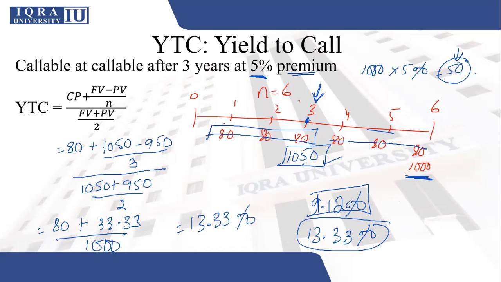You'll understand that even though the investor will get a higher return, he will have to invest this 1050 now at a lower interest rate, so there is an opportunity cost attached with this higher return. And with this, our topic ends.